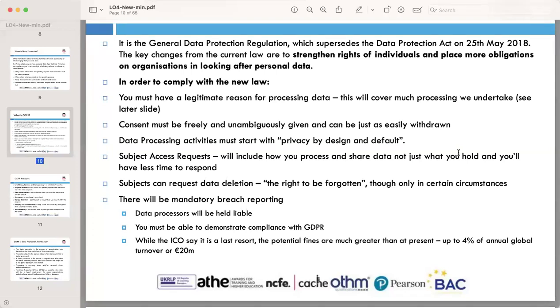So compliance with GDPR involves a comprehensive approach to data protection, encompassing various aspects to ensure the rights and privacy of individuals are respected and upheld.